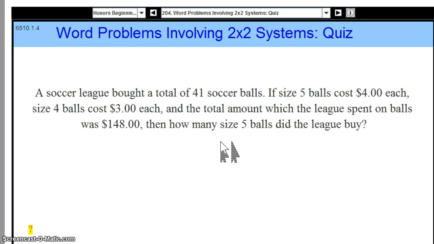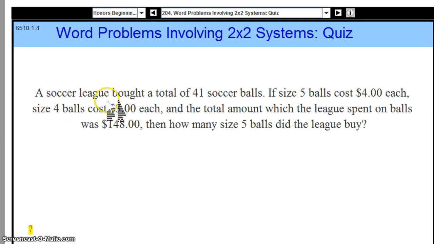So let's figure out all the information we have. We can write several equations. So the first thing we want to solve for is size 5, so let's call that x, and let's call size 4 balls y. So we'll have x and y.